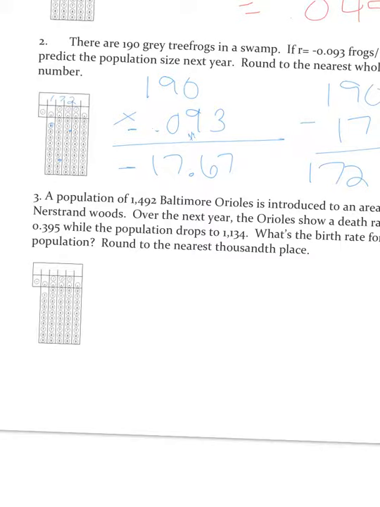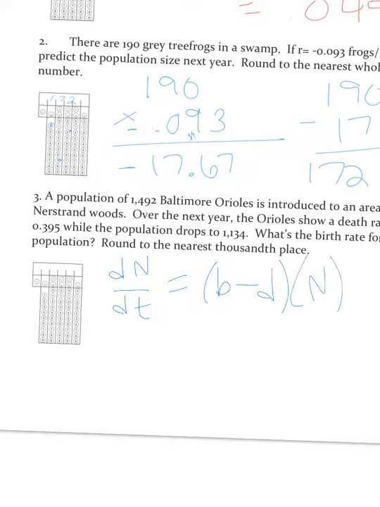So if you looked at your equation sheet, the equation that you should have figured out to use would be dN/dt. When you see the little d, that means change. N is population size, and t is time. And then that equals birth rate minus death rate, and then you multiply that by the population size.